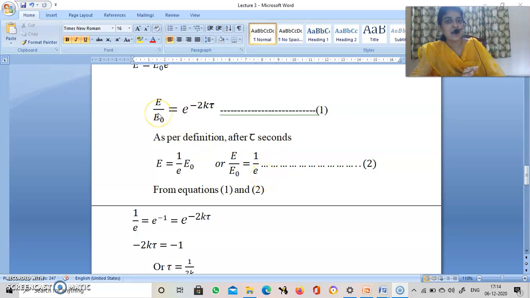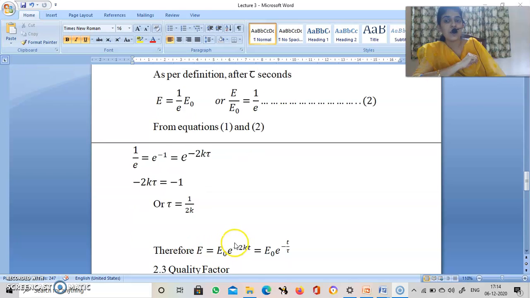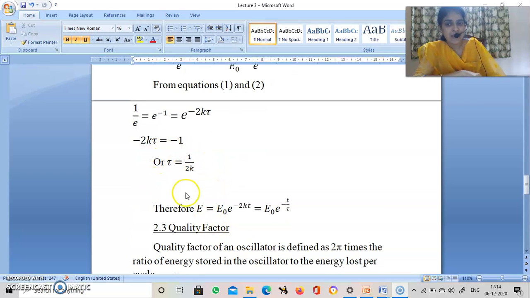Equating the two, 1 by e, which is e raised to minus 1, is equal to e raised to minus 2k tau. Equating the exponents, minus 2k tau is equal to minus 1, or 2k tau is equal to 1, that is tau is equal to 1 by 2k. So the relaxation time is 1 by 2k, where k is the damping constant.